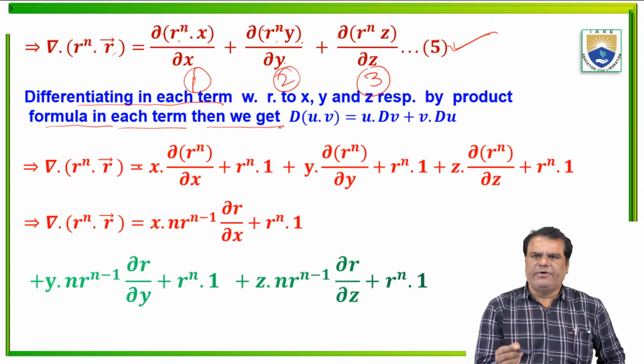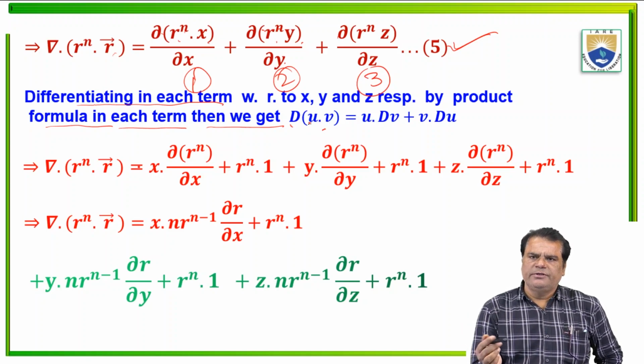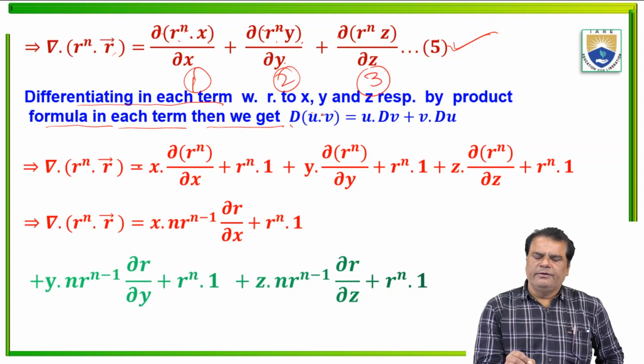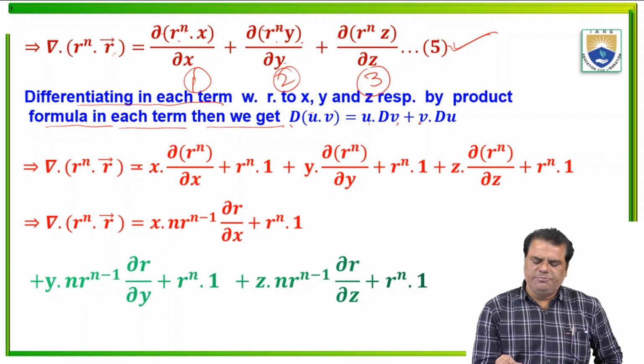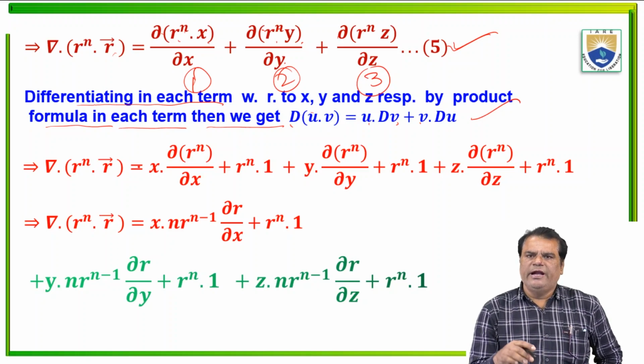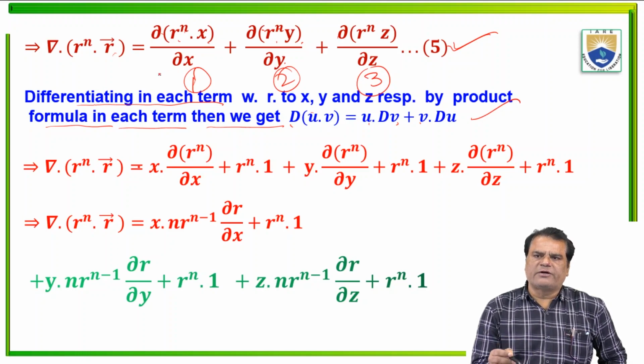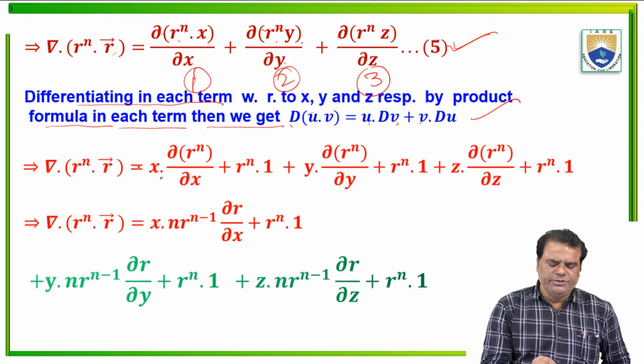The formula is the differentiation of u into v, where u and v are two functions. We apply the product formula: u is constant, differentiation of v, plus v is constant, differentiation of u. The same formula applies in each term. There are 3 terms in equation 5, and we want to differentiate each term with the help of the product formula.